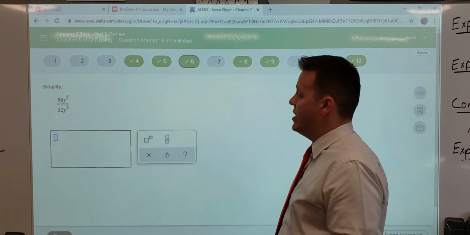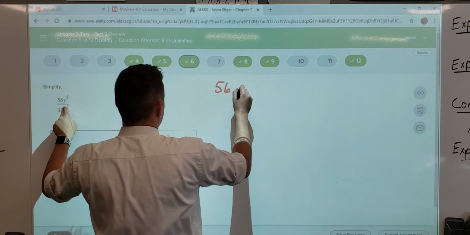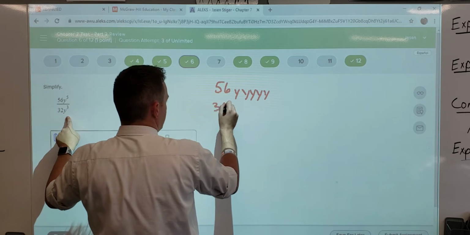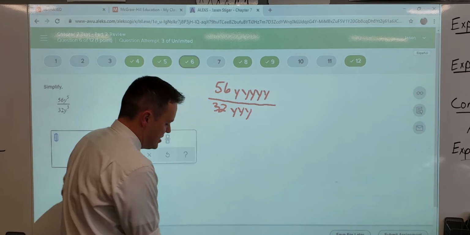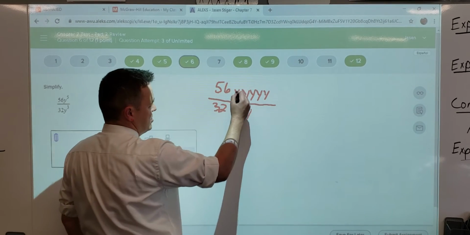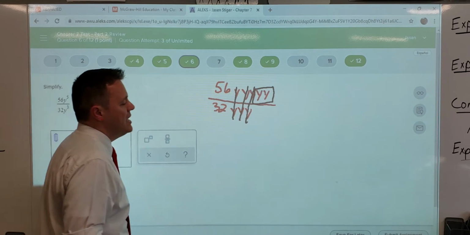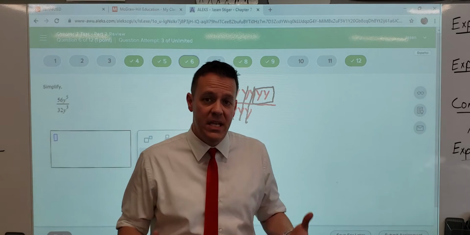Now what I want to make sure you guys understand, this one here, same concept, okay? 56, and then there's 5 y's, 32, and then there are 3 y's. Okay, on this, same principle, elimination. That y's gone, that one's gone, so I have 2 left on top. Some of you can't do greatest common factor yet.